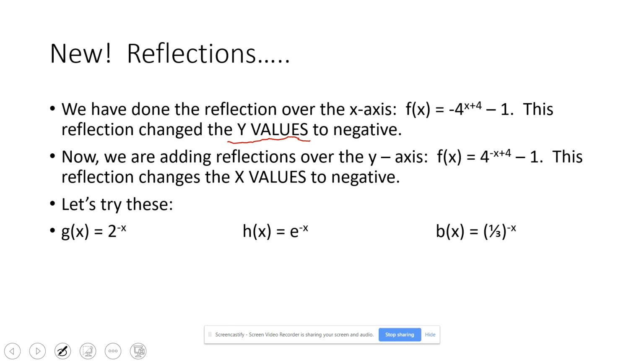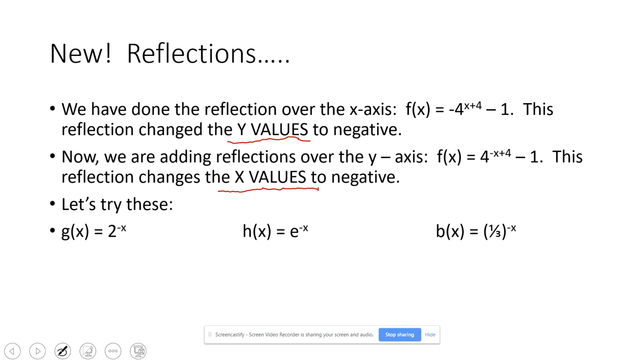Reflections over the y-axis change the x values to the opposite. Now they could already be positive, changing them to negative, or negative changing them to positive. So let's try a couple of these reflections since they're new and see what they look like.